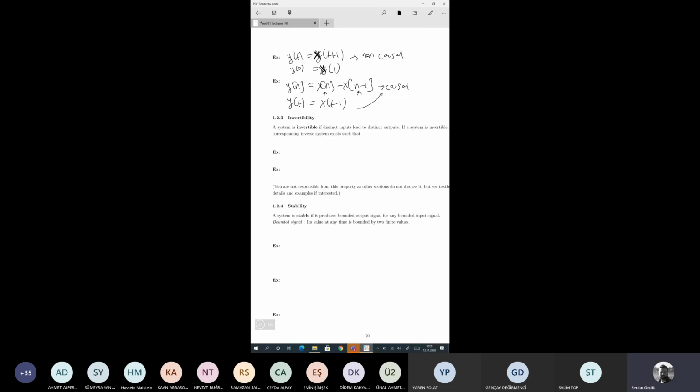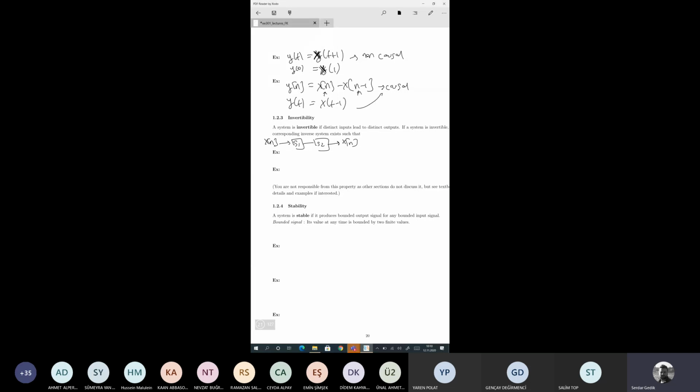Well, the next property is invertibility. A system is invertible if distinct inputs lead to distinct outputs. Clear? If a system is invertible, then a corresponding inverse system exists such that if I have x of n as input to S1, and the output of S1 is input to S2, then I have x of n once more.